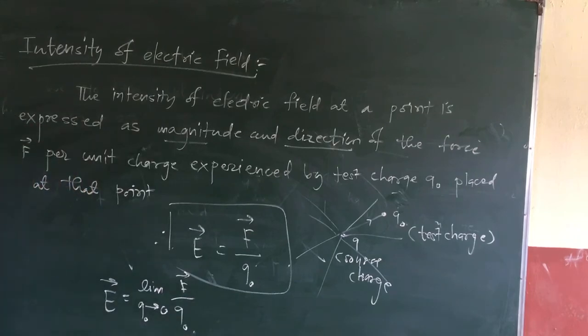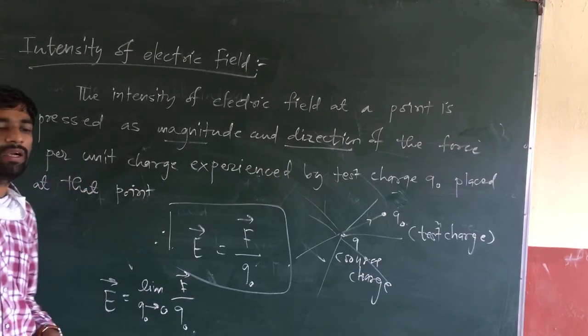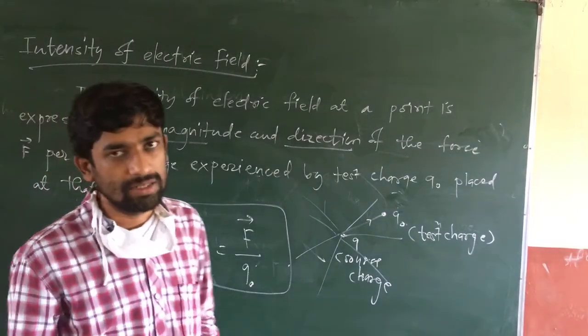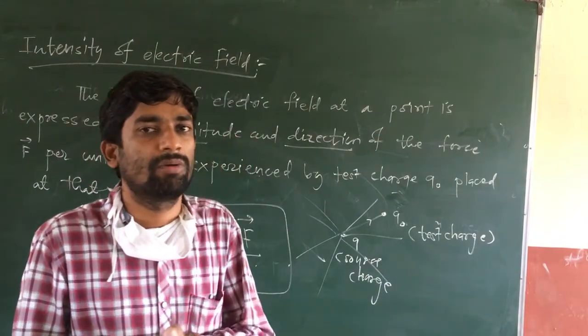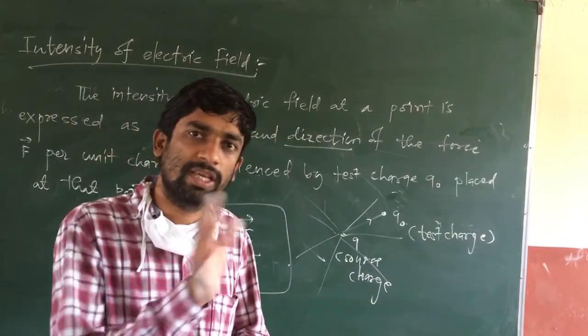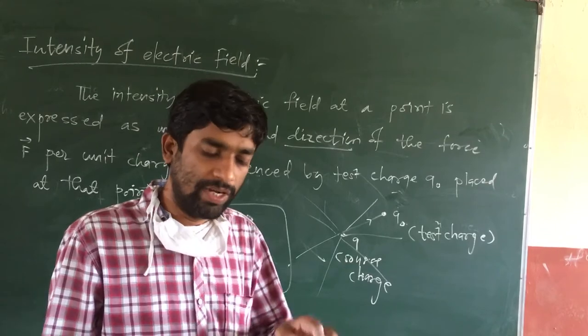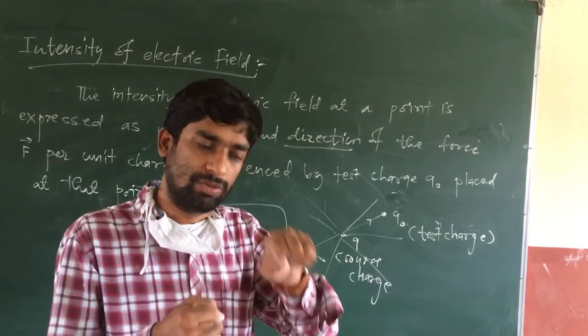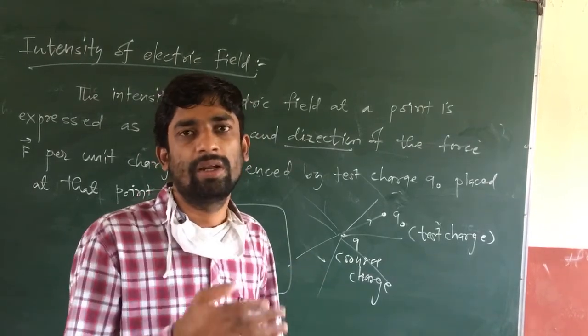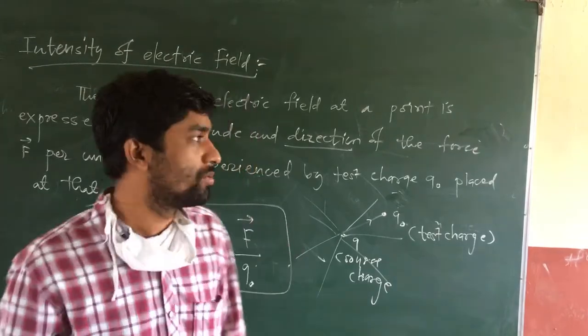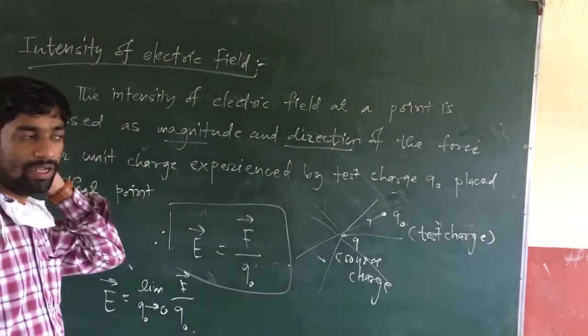Similarly, the intensity of the electric field means the force experienced by the test charge when it is placed in the electric field of the source charge divided by your test charge. So this is about your electric field intensity.